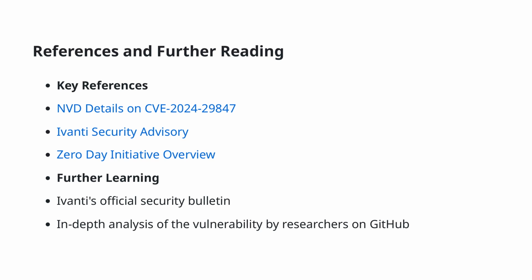To supplement this, Ivanti's official security bulletin offers structured guidance on handling the vulnerability, while an in-depth analysis by researchers on GitHub gives a thorough exploration of the topic. These resources are invaluable for anyone seeking comprehensive insights into the vulnerability and how to effectively respond to it.